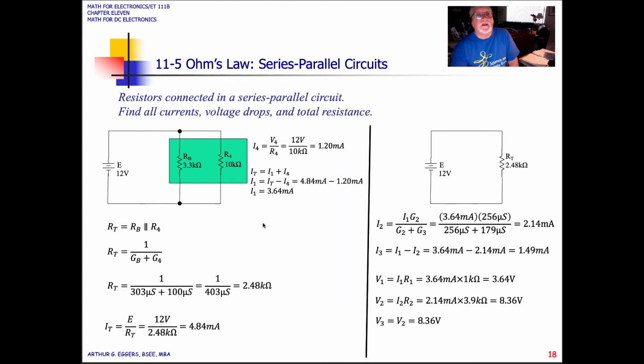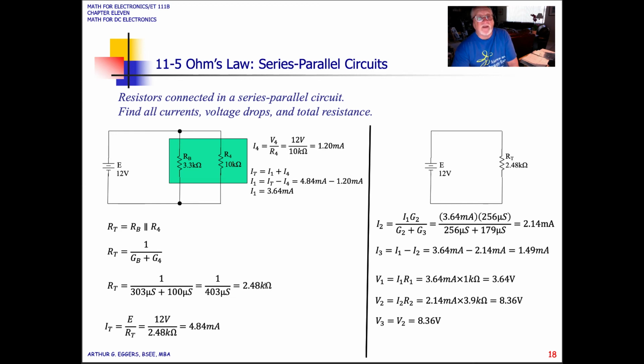So now that equivalent resistance, 3.3 K ohms, or R sub B, is in parallel with R sub 4. So now I need to go back to my relationships in conductance. I'm going to sum the two conductances as 1 over the conductance sub B plus the conductance of resistor R4. Doing the inverse math, I end up with 303 microsiemens as the conductance for RB and 100 microsiemens as the conductance for R sub 4, and get a total of 2.48 K ohms.